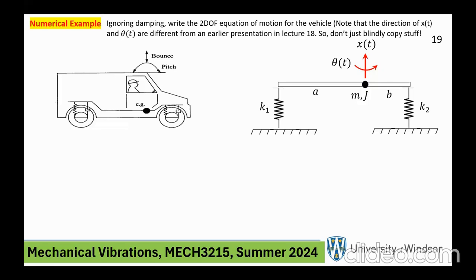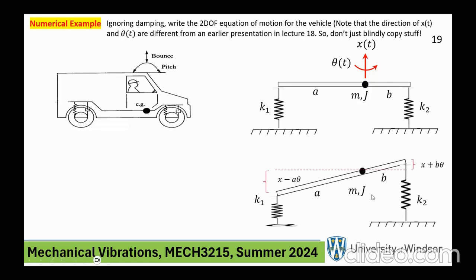Okay. Now, what I've done here, we are assuming x goes up, theta goes counterclockwise, as you can see here, and therefore the new configuration of this horizontal chassis is going to be like so. So the opposing forces are actually the spring force here and the spring force there. If you look at this problem, if this thing goes up by some amount, the amount of stretching of this spring down here is x plus b times theta.